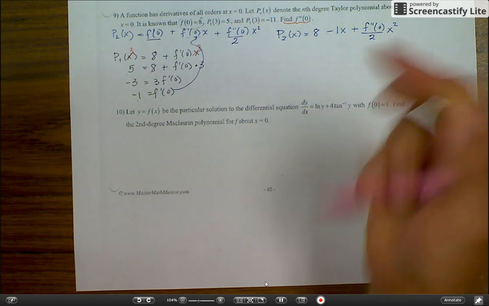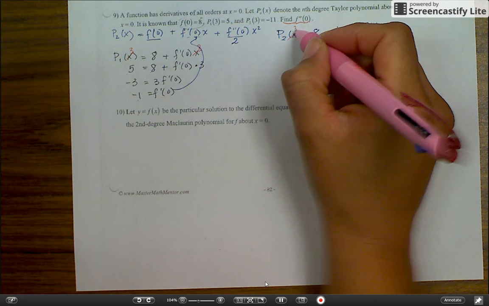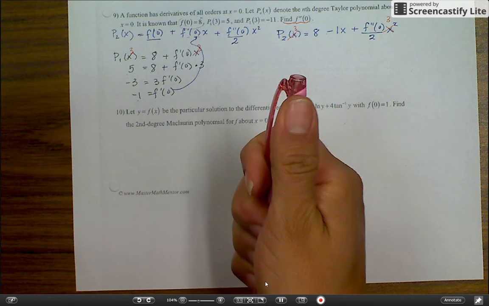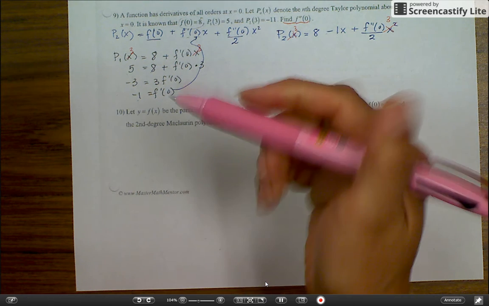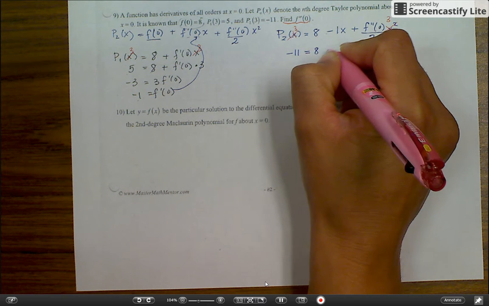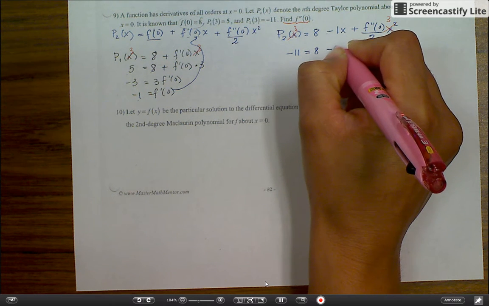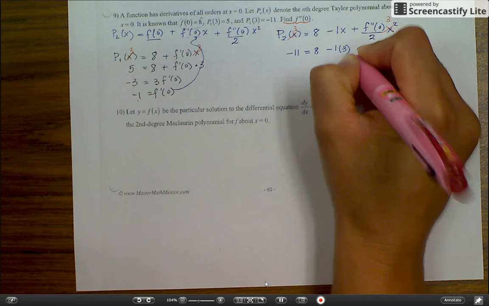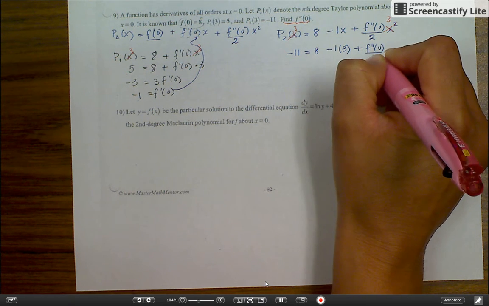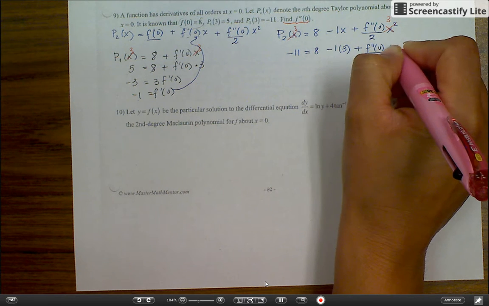So now if I just replace all my x's with 3, I will have negative 11 is equal to 8 minus 1 times 3 plus the second derivative at 0 divided by 2, and then I've got 3 squared.